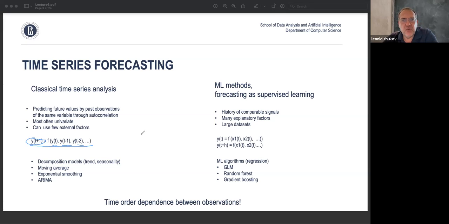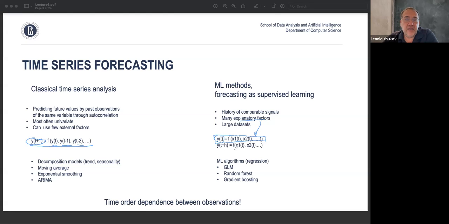In order for this to work, you probably need more data points, but you can easily use very many external explanatory factors, and you can handle large data sets. The prediction will look like this: we can train a function that learns the dependency of the target on the explanatory factors. They're written here as x's, and this is your target variable y.